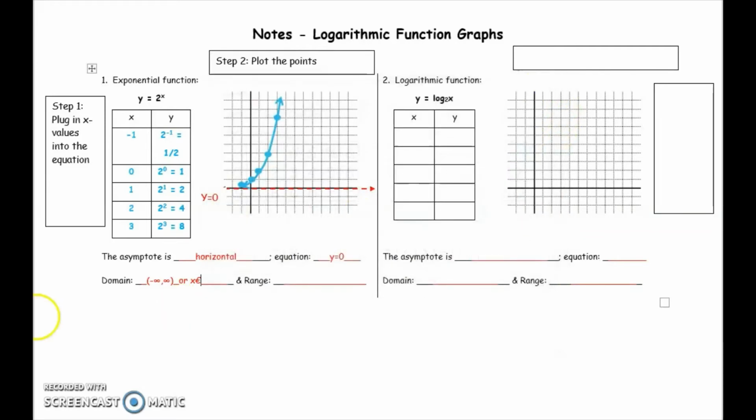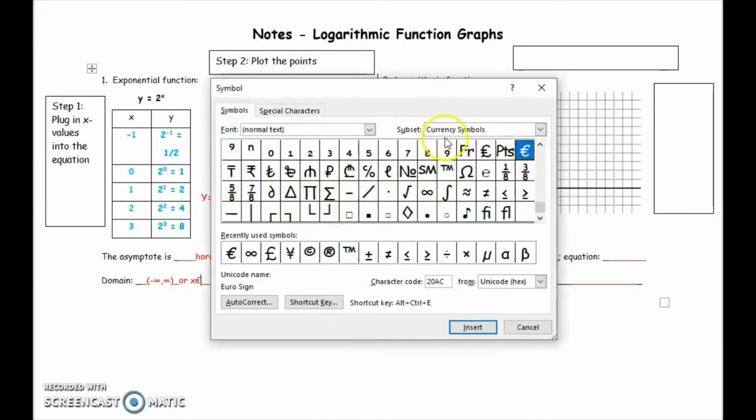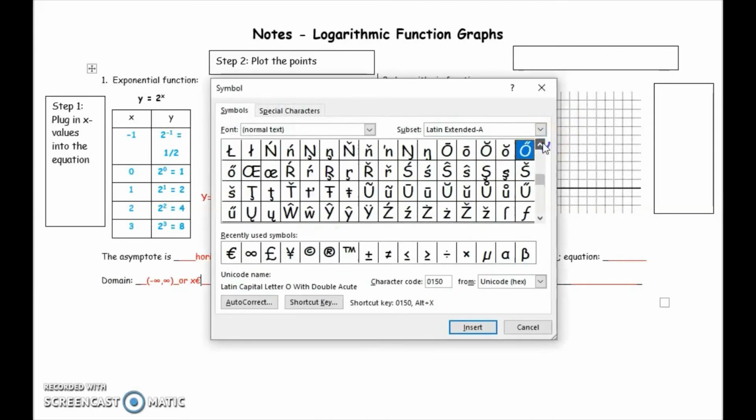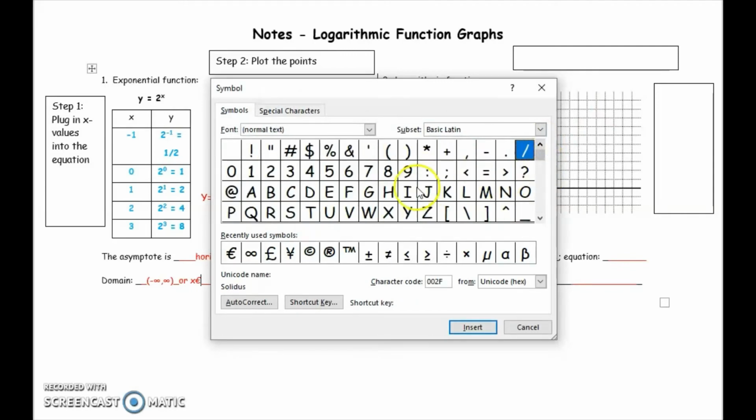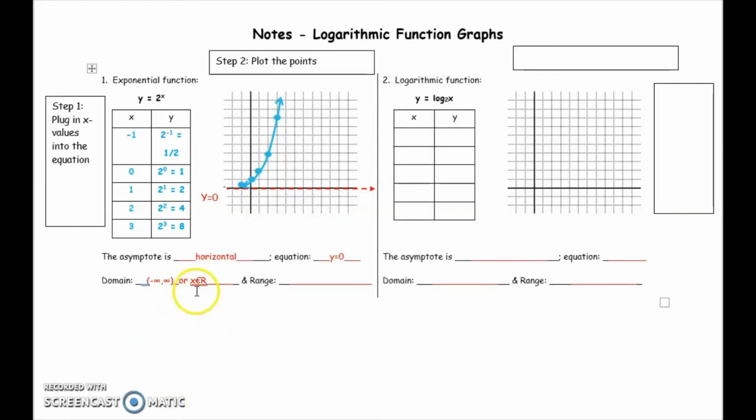Well, we could use this capital R. This is x is an element of all real numbers. So you could say negative infinity to positive infinity, or all real numbers. Either one I'm okay with.